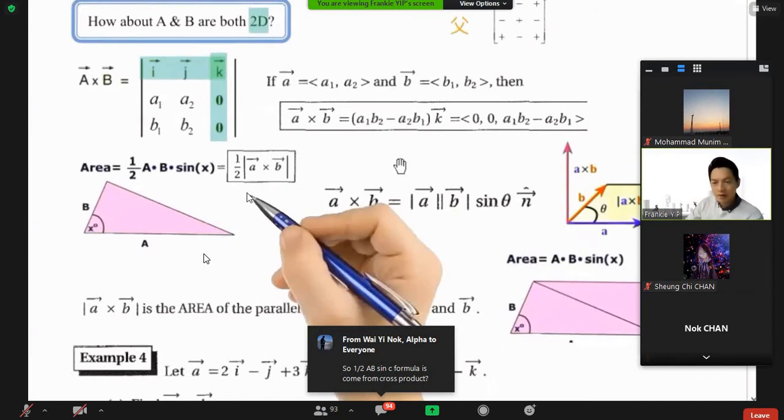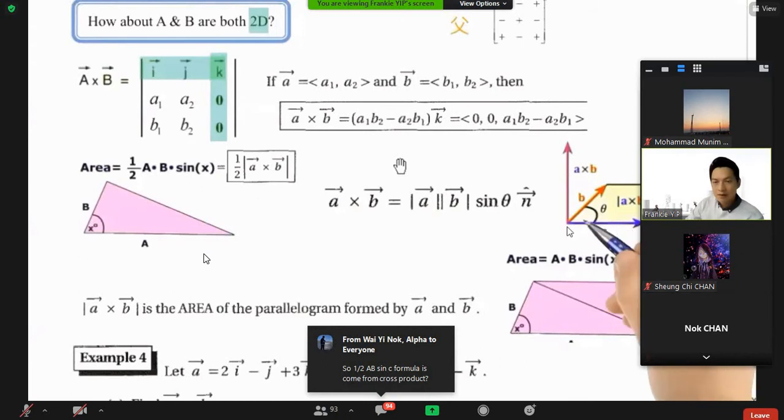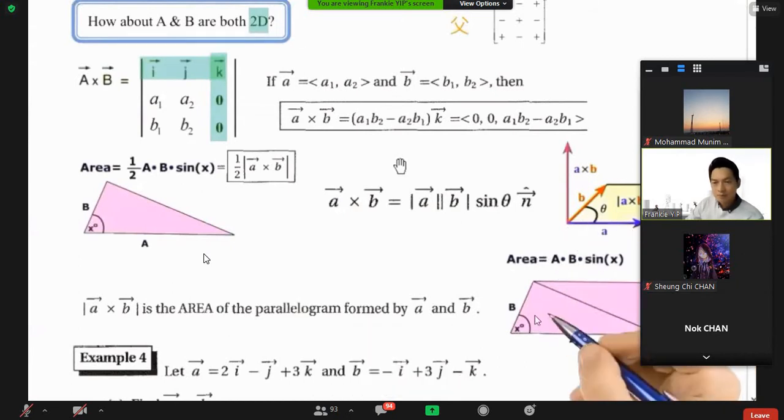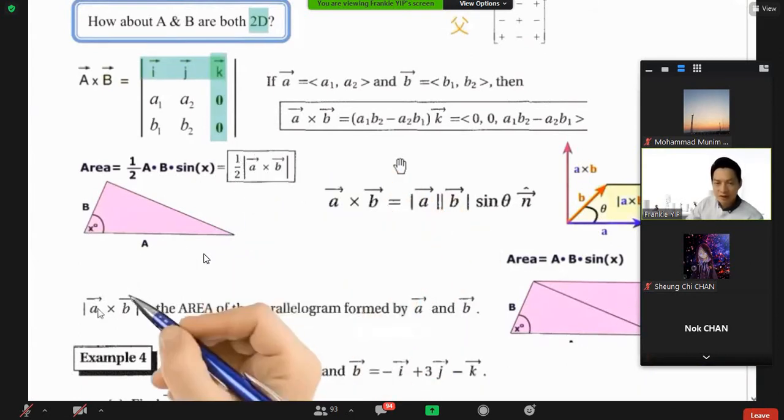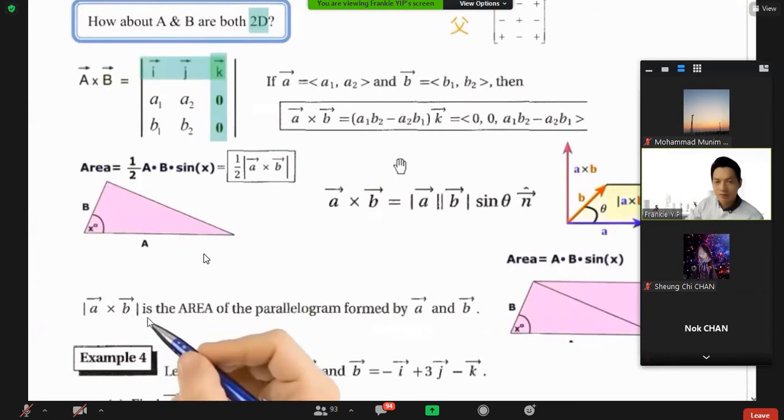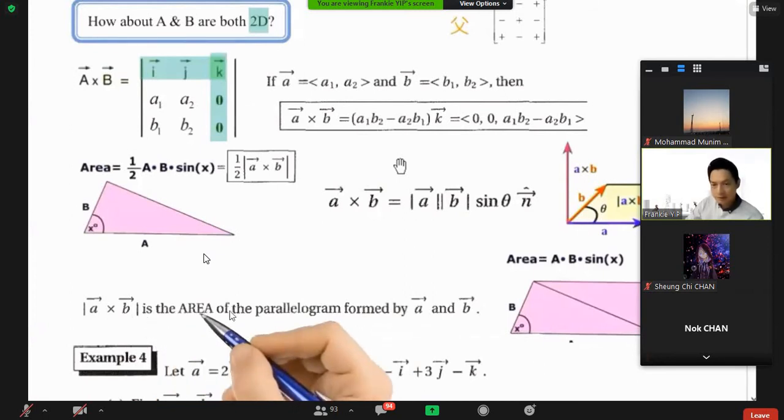How about the area of the parallelogram? The parallelogram consists of two exactly the same triangles put together. So you do not need the half, which is exactly equal to the magnitude of A cross B. Okay, it's easy.